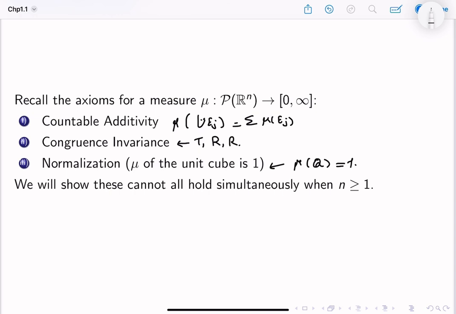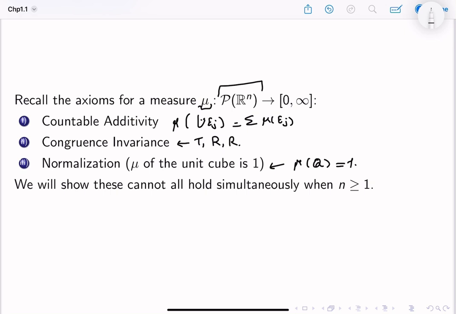Okay. And here's my claim here. My claim is that we cannot do that. Okay, so we cannot find a function defined on all subsets of R^n that satisfies these properties. And I'm going to give you an example why that is so.